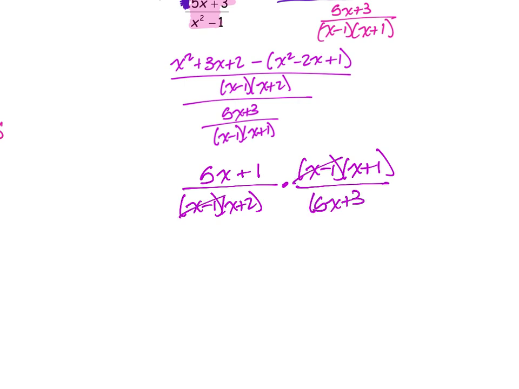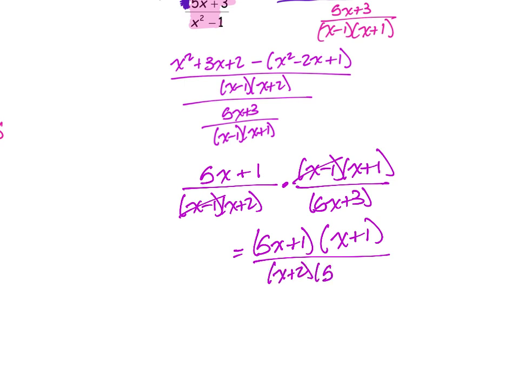So the minus 1's cancel out. So what my final answer is just going to be is 5x plus 1 times x plus 1 all over x plus 2 times 5x plus 3.